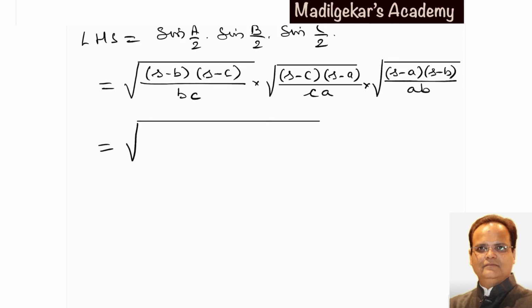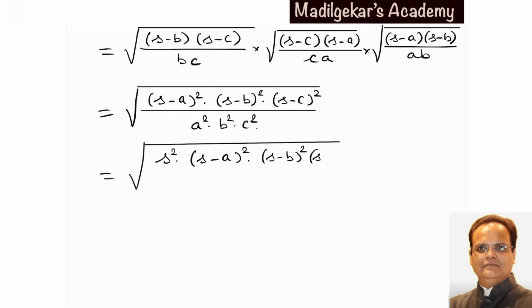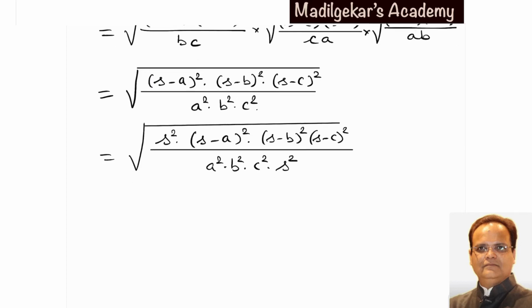Multiplying all the three square roots, we get S minus A whole square, S minus B whole square, and S minus C whole square. Denominator will be A square, B square, C square. In the next step, just divide and multiply by S square. S minus A whole square, S minus B whole square, and S minus C whole square upon A square, B square, C square into S square.